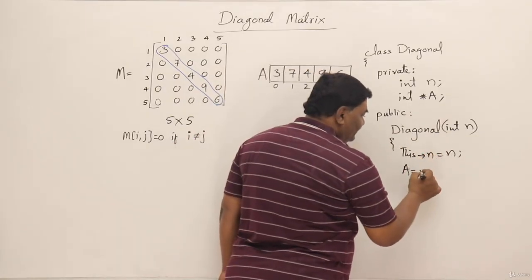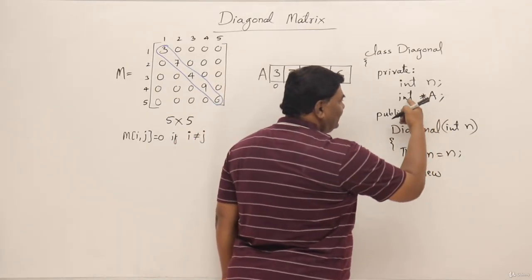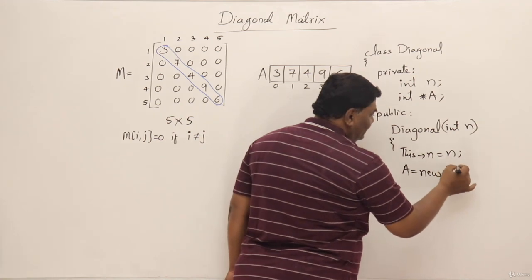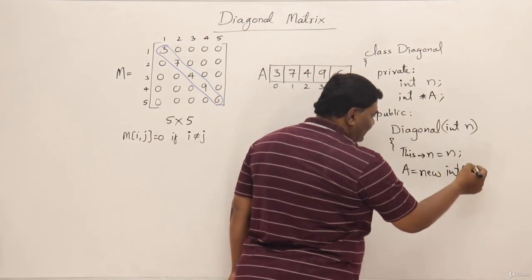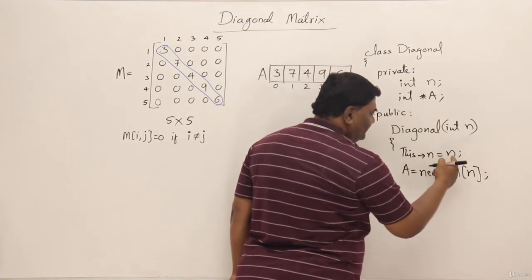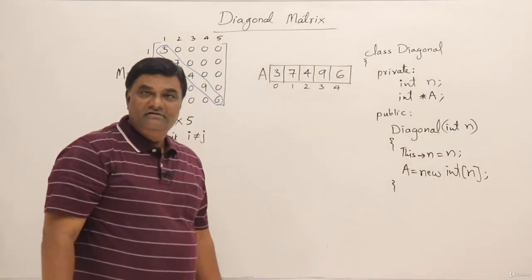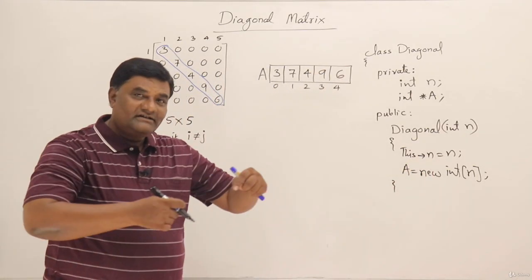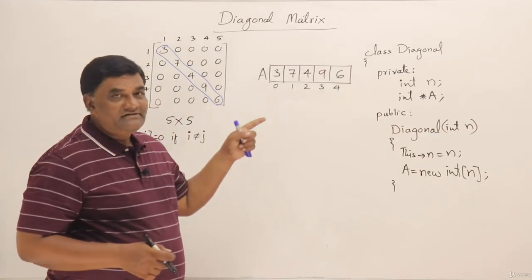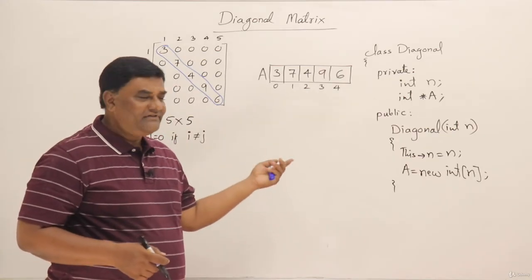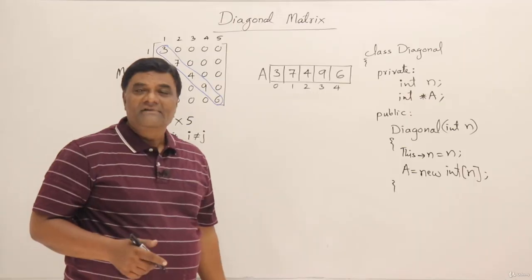So new, if I am taking integer type here, then it is integer of size n. I can use either this one or this one. So this is how the array is created. We will get a single dimension array of required size, that is 5 means array of size 5.